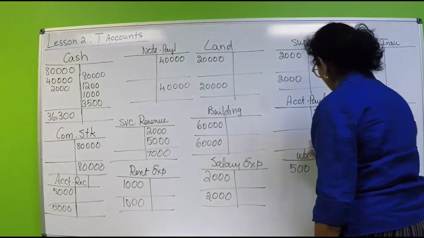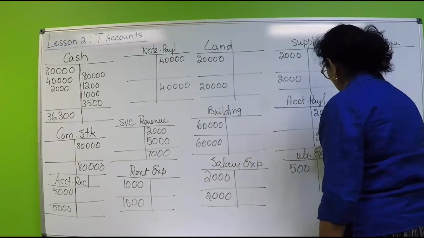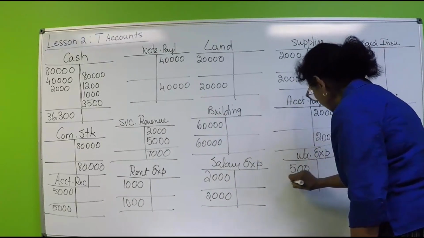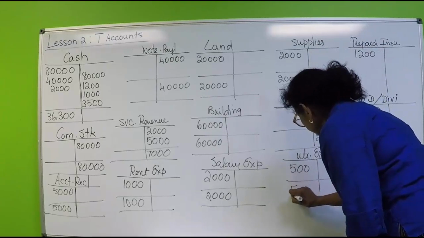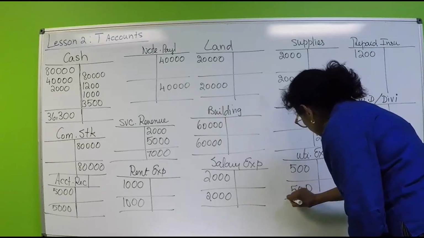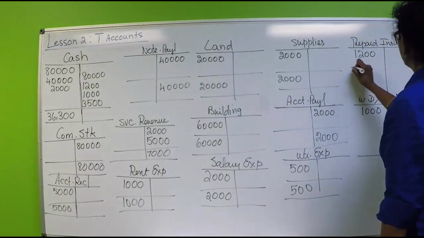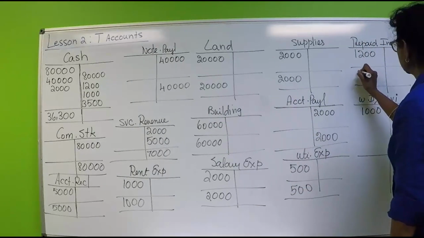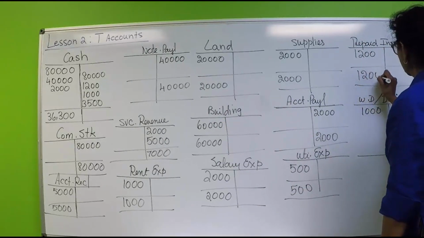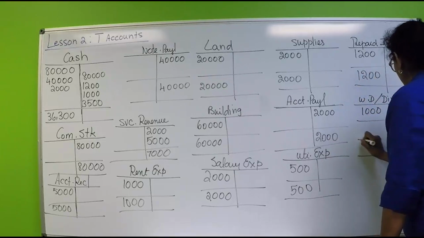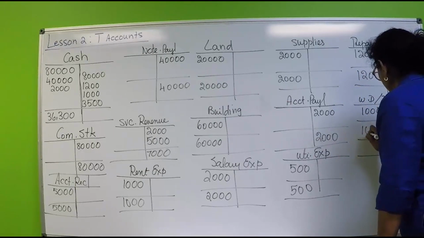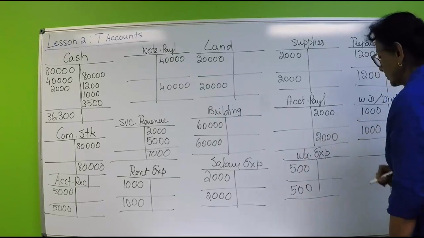For accounts payable, the balance is 2,000. For utility expense, the balance is 500. For prepaid insurance, the balance is 1,200. And for withdrawals or dividends, the balance is 1,000.